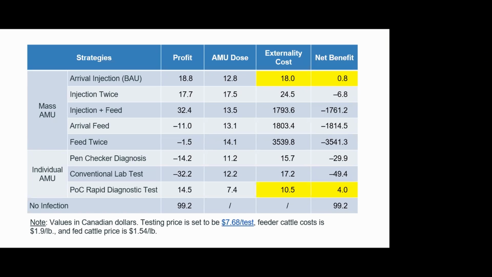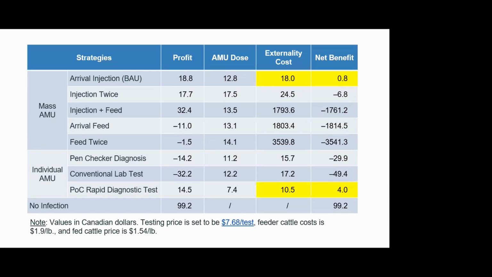Sure. So you mentioned several strategies. I understand that you've taken into account the cost per injection, et cetera. How did you account for the different labor cost? Because if you have to inject every animal versus another strategy where you don't, it's a lot more expensive in terms of cost. Did you take that into account?